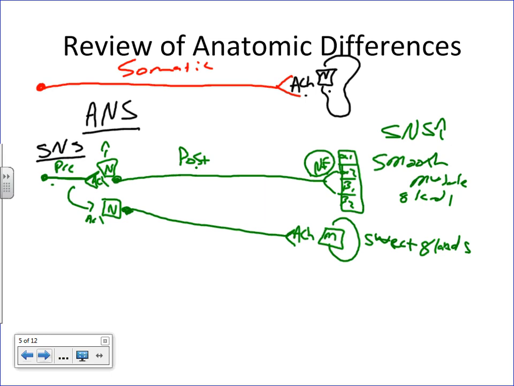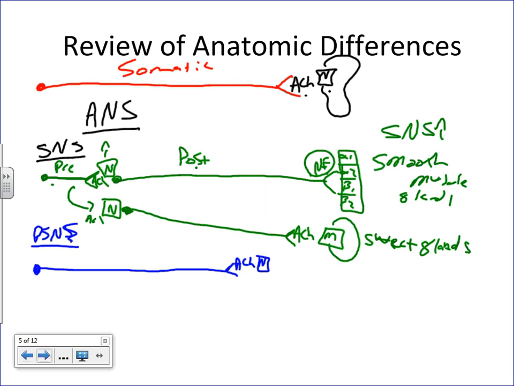So then, if we're going to take a look at the parasympathetic nervous system, this is a little different. We're talking long preganglionic neurons, and again, acetylcholine, nicotinic receptors.